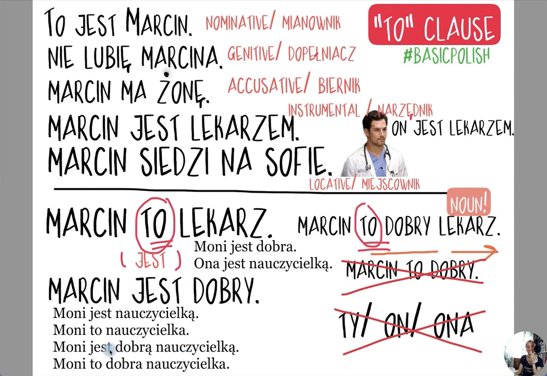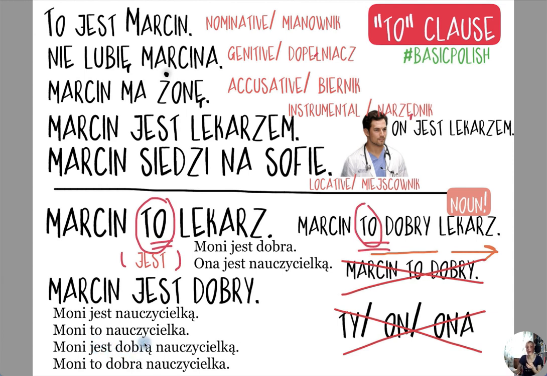Can you see it? Yeah? So if you think that I'm a good teacher and you want to recommend this channel to somebody else, you would say Moni jest dobrą nauczycielką, right? If you choose to use jest, then you have to use the instrumental case.